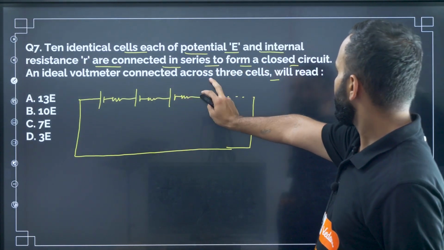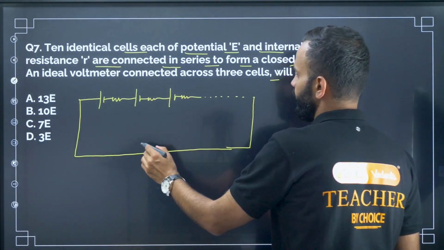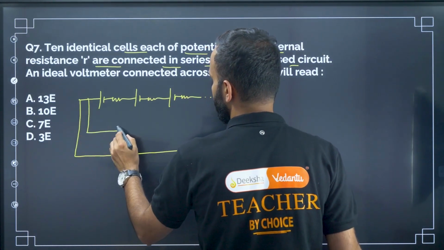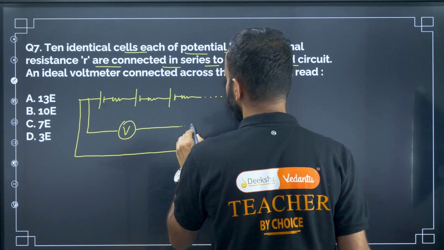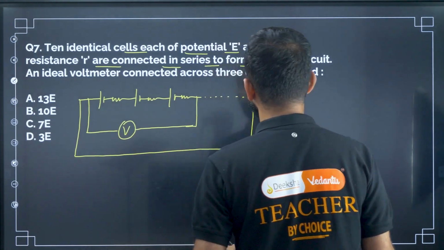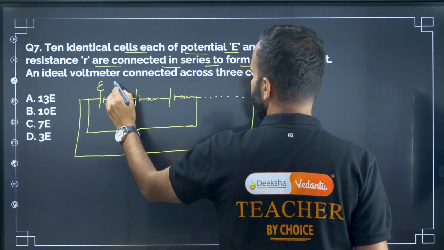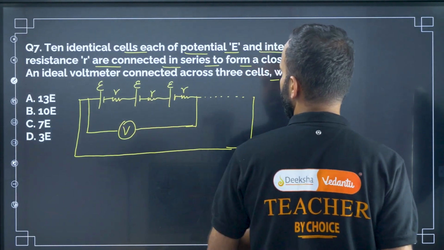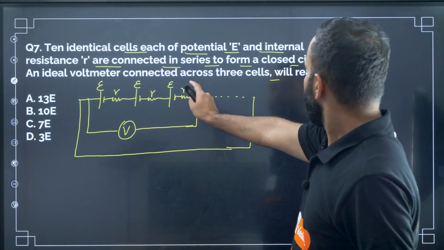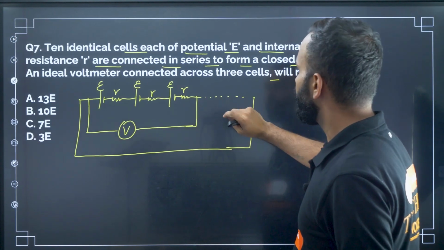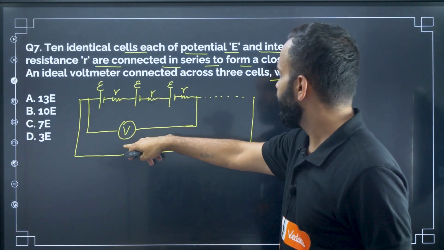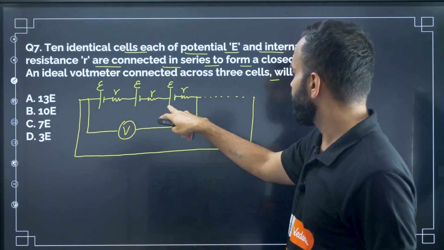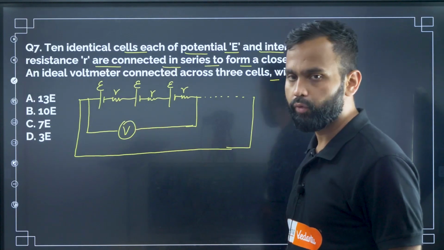An ideal voltmeter is connected across 3 cells. Here it is E, E, E, with internal resistance r, r and r. What is the reading of the voltmeter?